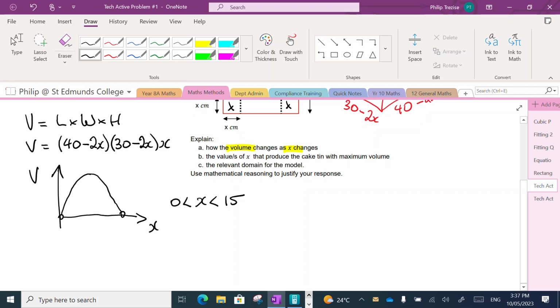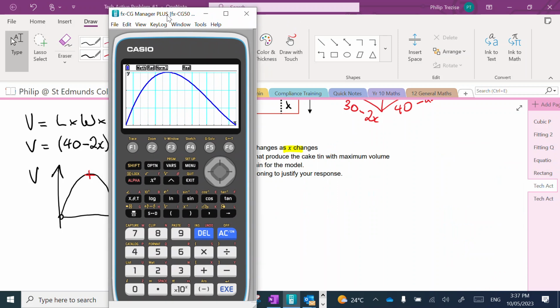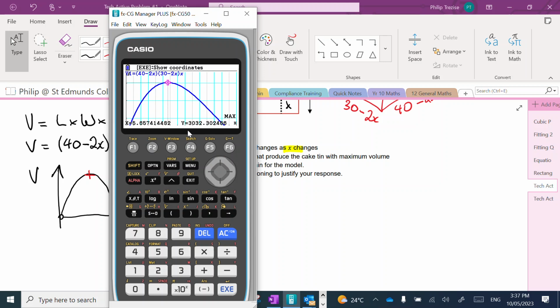And we need to find this maximum point, don't we? Up there. Again, we can do that with our calculator. So once this is on display, I might just scroll upwards a bit, somewhere there. I'll press the G-Solve key and then I'll press F2 for maximum. And there it is.